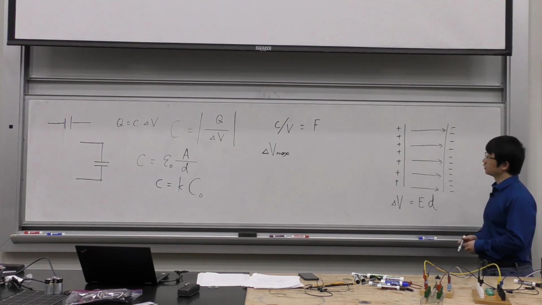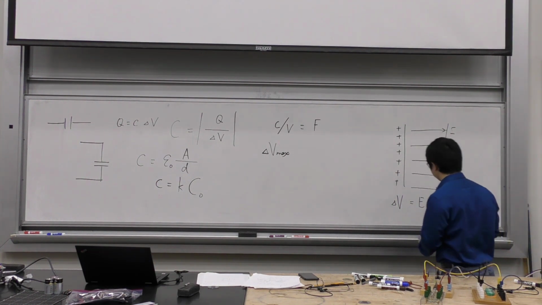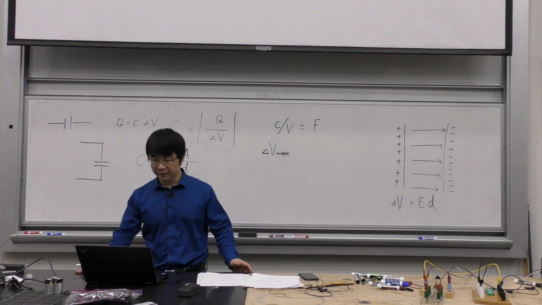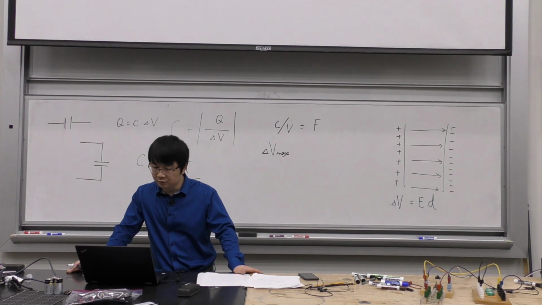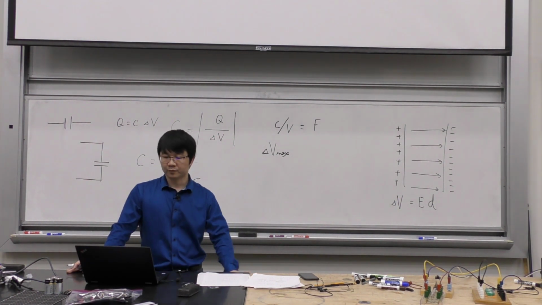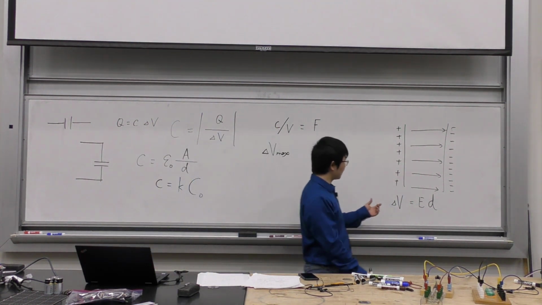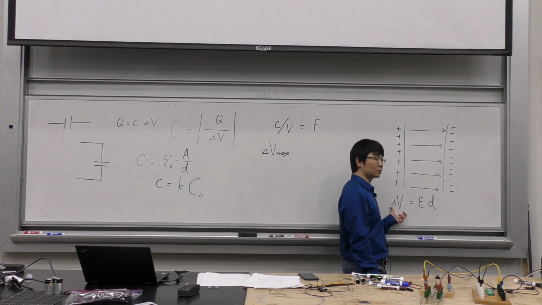That's the equation we learned. In this problem, the distance between these two parallel plates, the aluminum electrodes, is 0.5 millimeter. Then how do I find the maximum voltage, the maximum potential difference, you can apply to this capacitor?